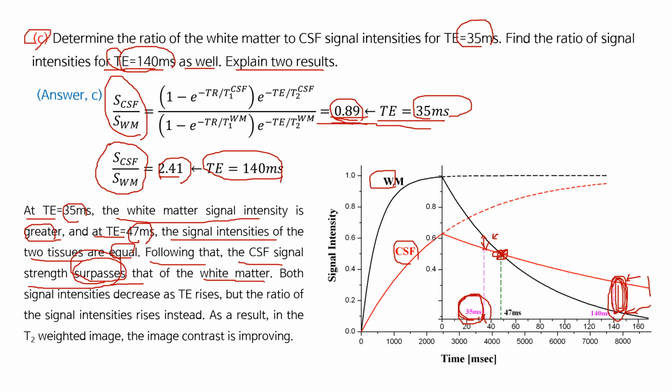After 47 milliseconds, the signal intensity of CSF becomes larger than that of the white matter. Before this point the white matter is larger, but after it, it is reversed, right?